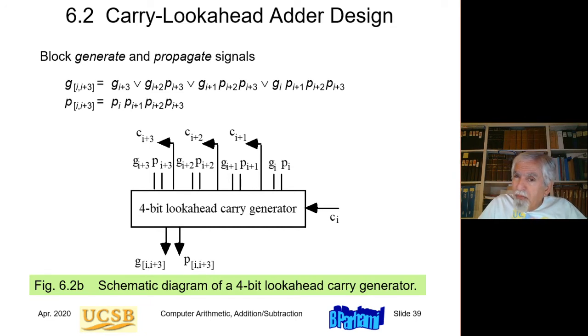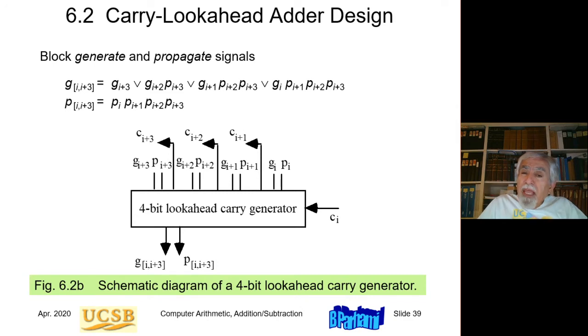If position i propagates, position i plus 1 propagates, position i plus 2 propagates, position i plus 3 propagates, then the carry that comes in basically emerges from the other side. It propagates to position i plus 4.